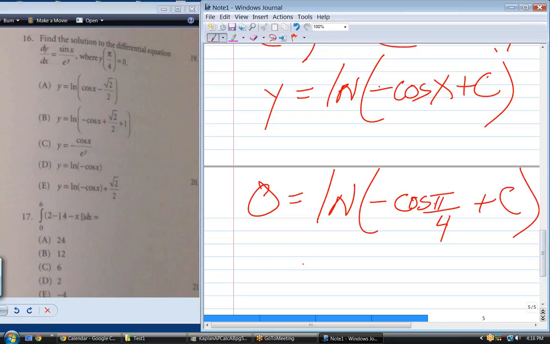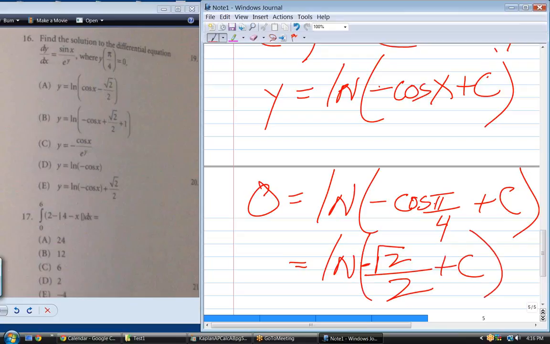cosine of pi over 4 is square root of 2 over 2. It's a positive. Positive square root of 2 over 2, but I still have the negative sign right there.